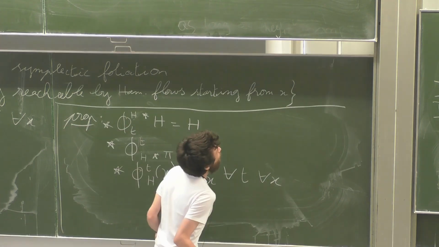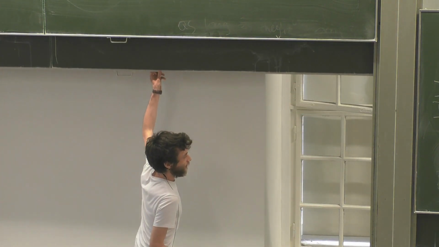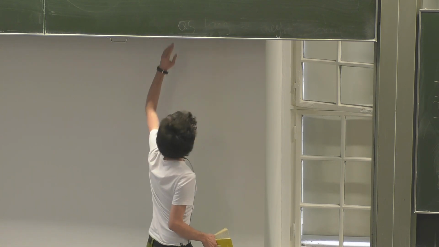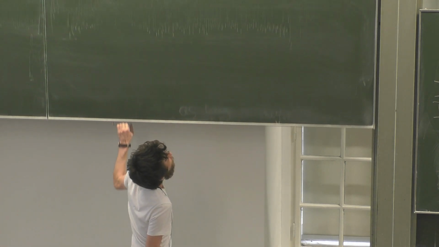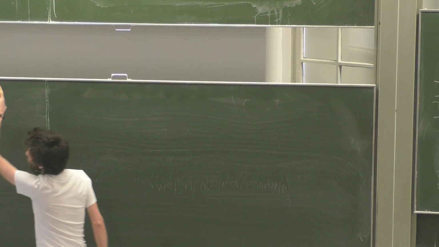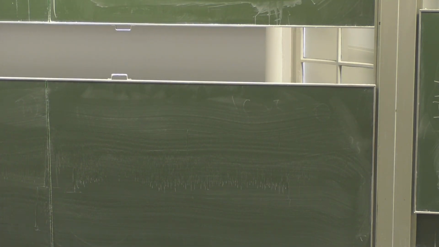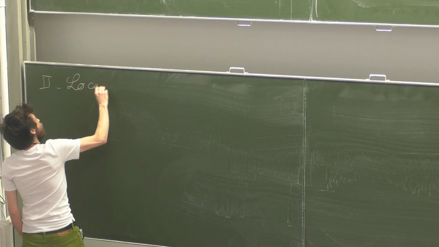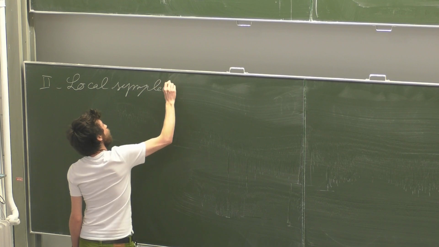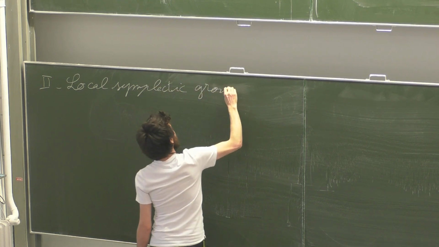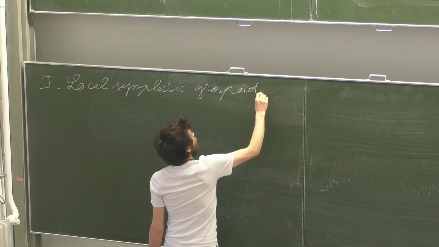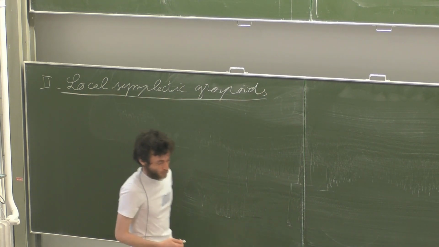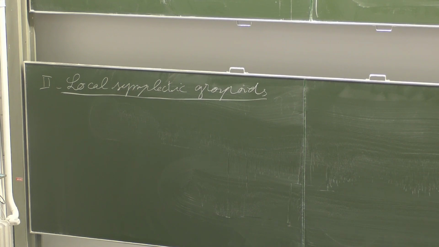Now I'm going to tell you a bit about symplectic groupoids and how I used them to solve the question raised by this picture of the sphere. It makes sense actually to use local symplectic groupoids to do numerics for Poisson manifolds. I'm going to tell you what this object is in a minute.